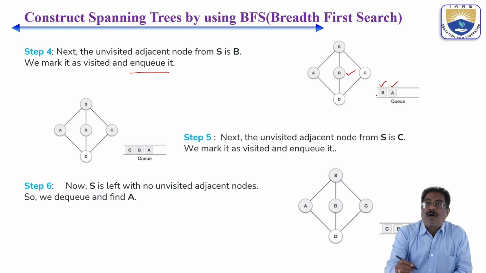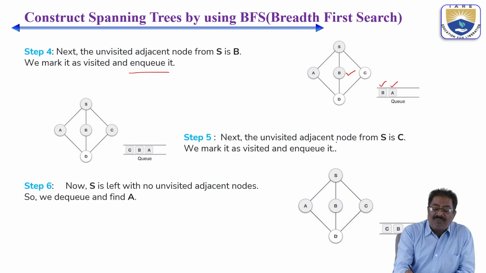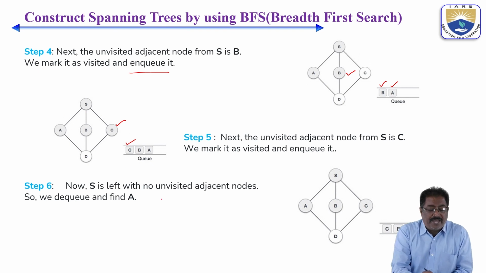Earlier we enqueued A, now we enqueue B. And now in the next step, the next unvisited adjacent node of S is C, and we mark that as visited and enqueue it. Now S has all 3 adjacent vertices visited, so S is left with no unvisited adjacent node.